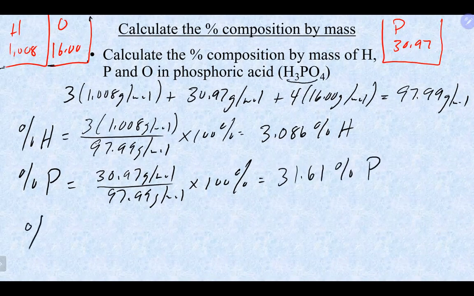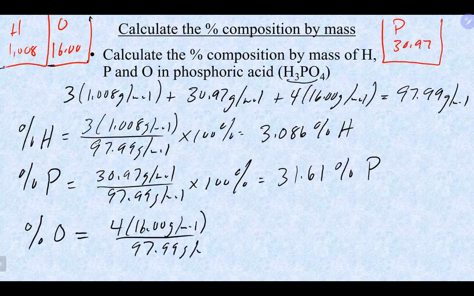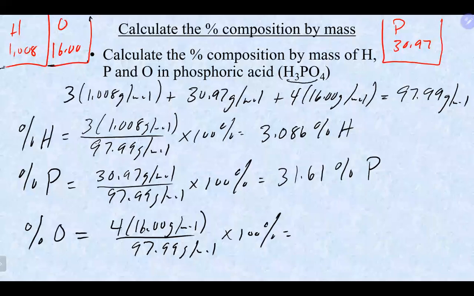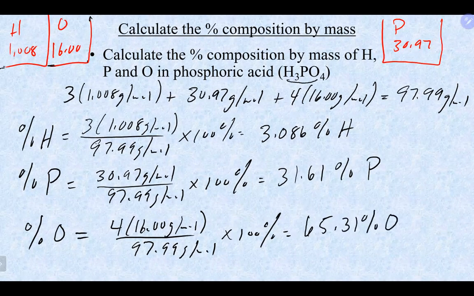Lastly, we could also do the oxygen the same way: 4 times 16 grams per mole divided by 97.99 grams per mole times 100%. In this case, about 65.31% oxygen.